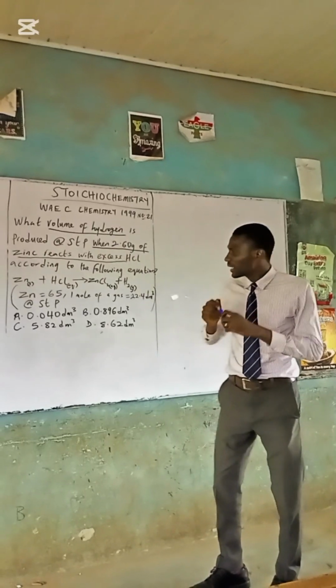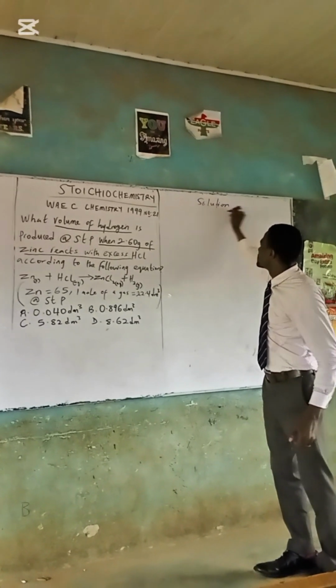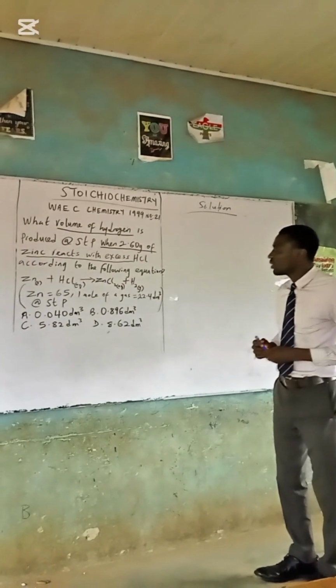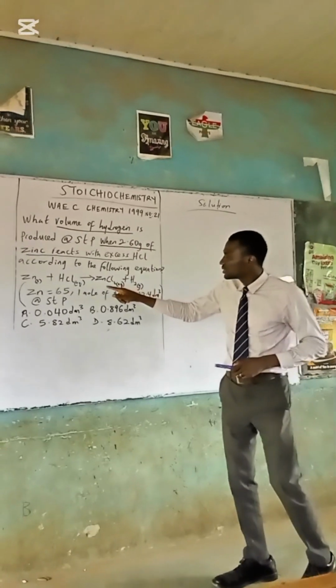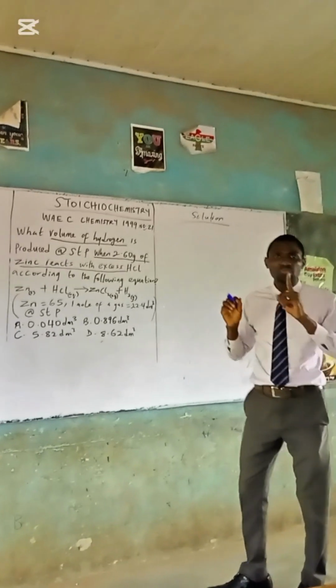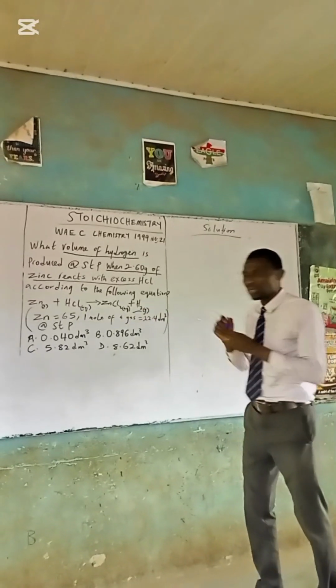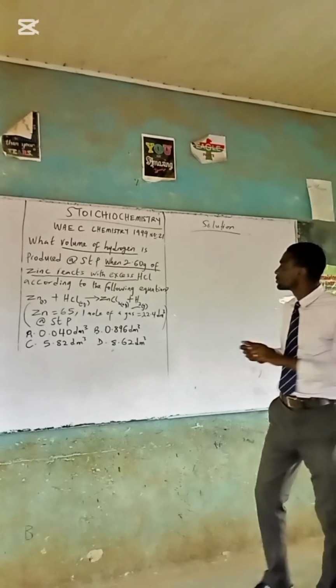Now, to get the solution, since we are advised to solve it according to this equation, first of all, look for the mass of hydrogen here. They call it mass calculation.